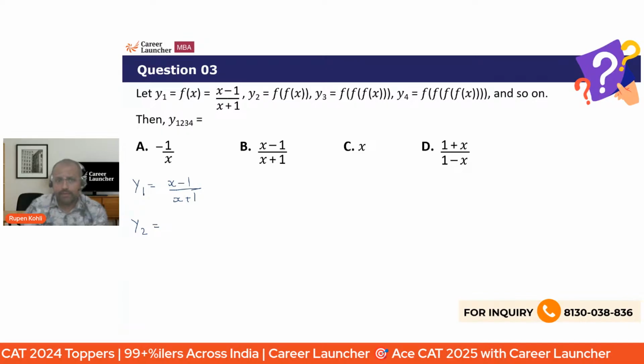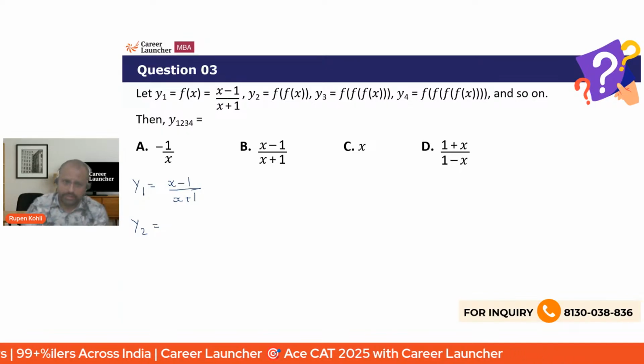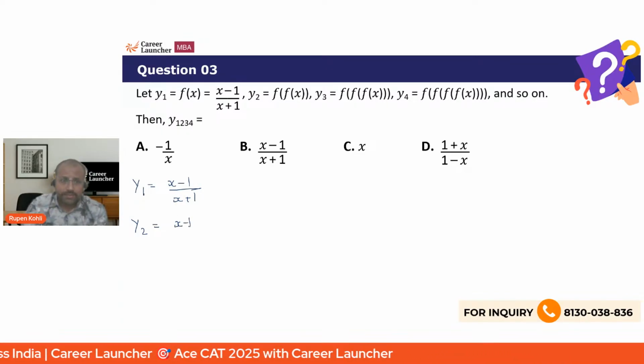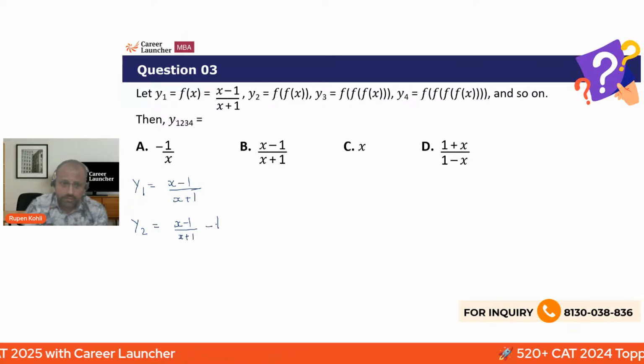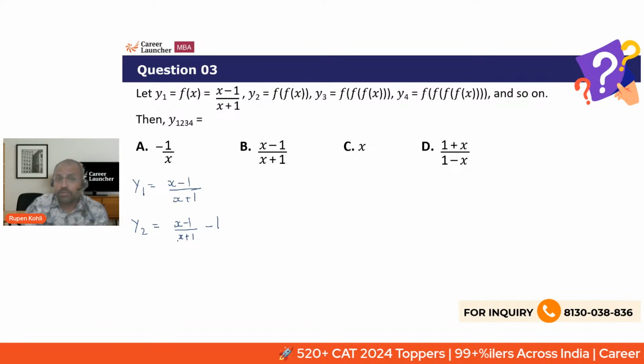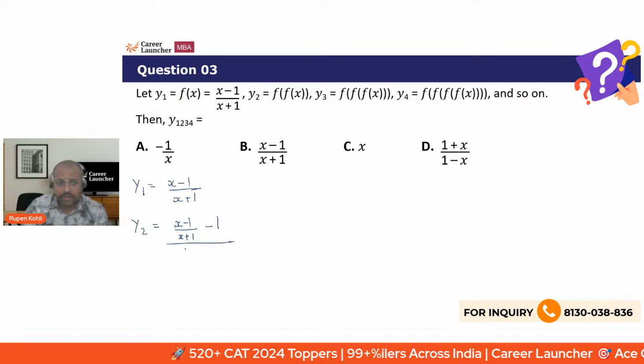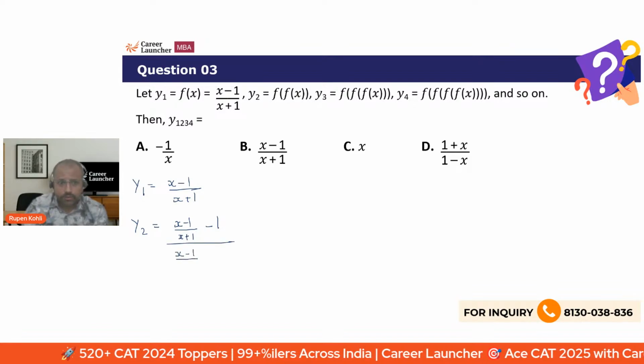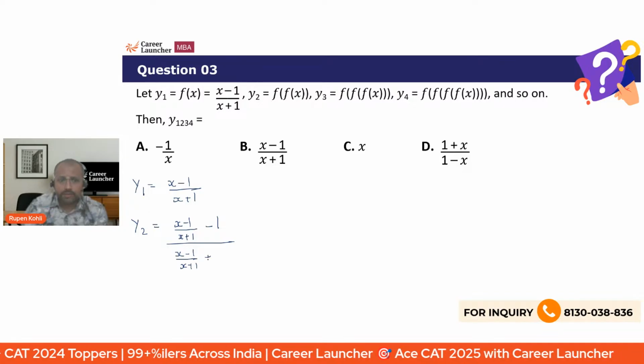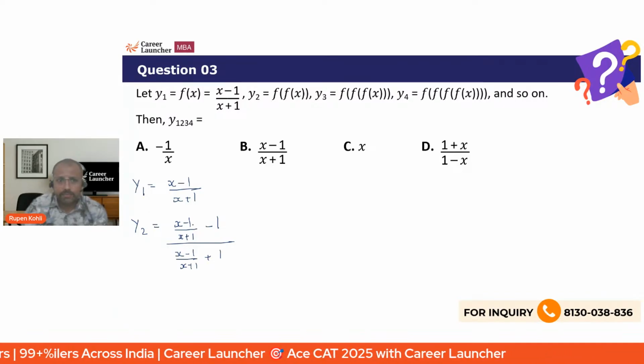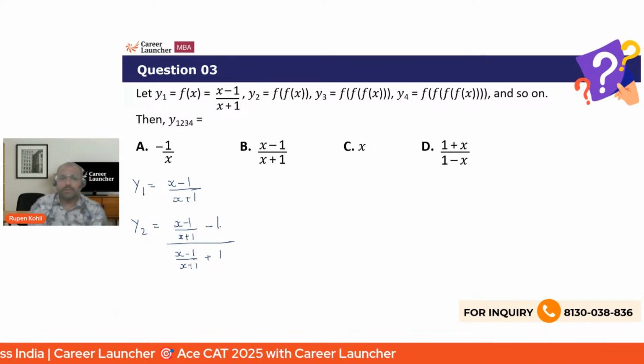So wherever you see x, replace it with f of x. So x minus 1 over x plus 1, this much, and then minus 1, whole over, again the same thing, x minus 1 over x plus 1, and then plus 1. Wherever you see x, replace it with the same whole expression of fx.